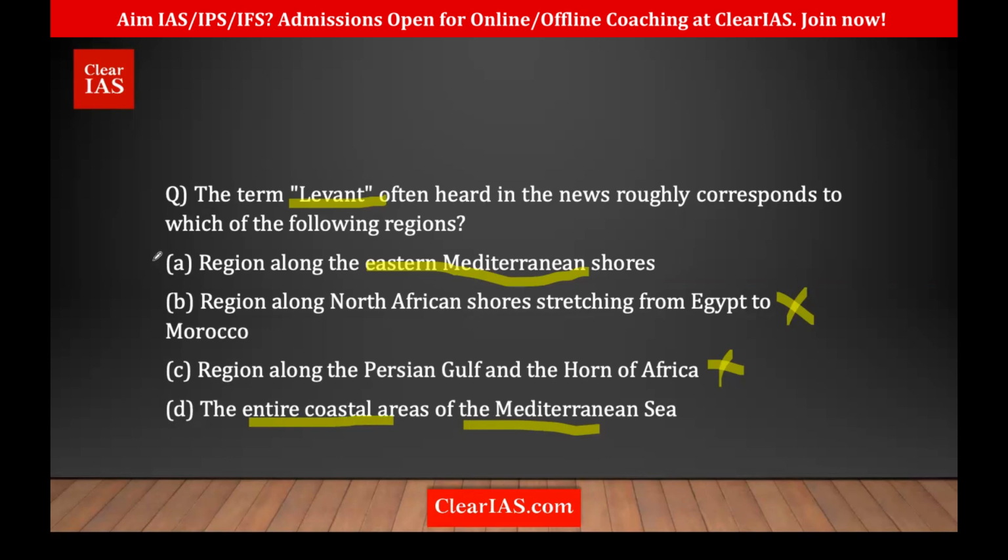So with that, we can go with this option. But this is not actually a good method to eliminate, but if you have no other way, you can think of it like this. But if you have read the newspaper frequently, if you have been kept updated with the news, you would already have heard this Levant term for sure. So Levant is actually a region along the eastern Mediterranean shores. So the answer is A.